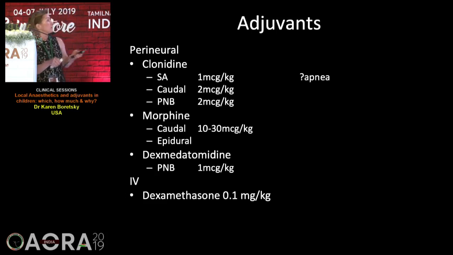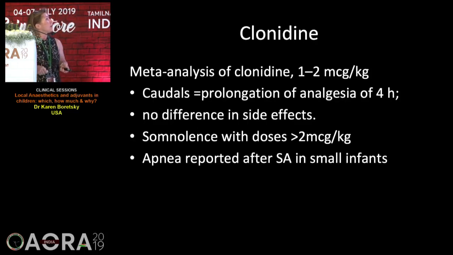We do worry about apnea with both clonidine and morphine in some of the smaller babies when you add it. With clonidine, the data was a meta-analysis, 1 to 2 mics per kilo. They saw, again, the prolongation of 4 hours, no difference in side effects, some somnolence, but apnea reported after small infants.